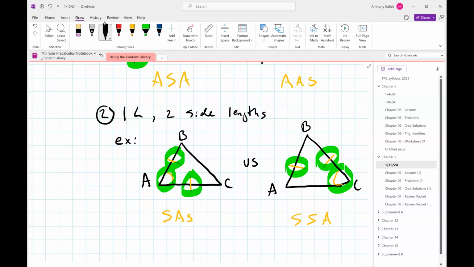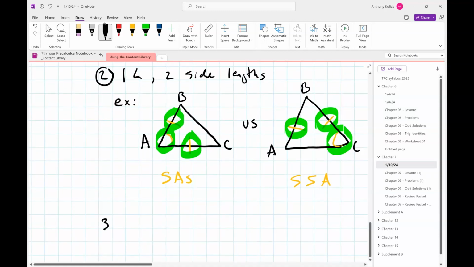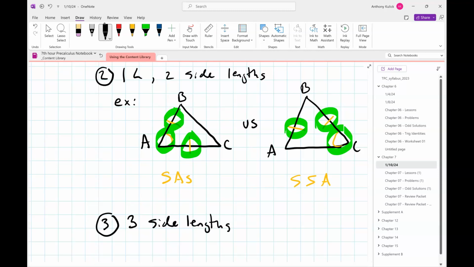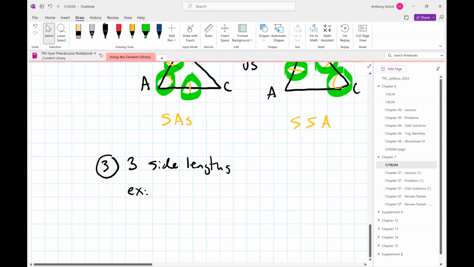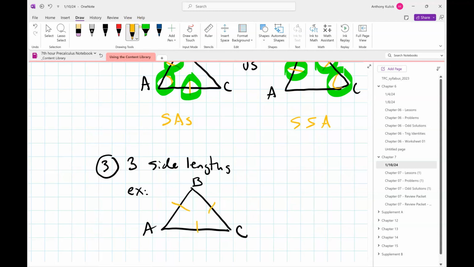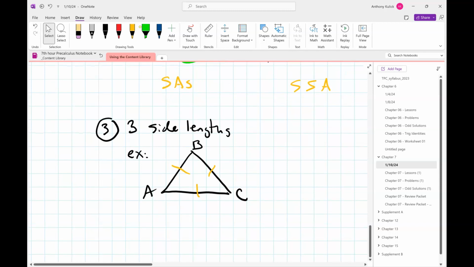Is everybody still feeling okay? The third possibility is you're given 3 side lengths. This should be the easiest one to identify because there's only one way to draw it.